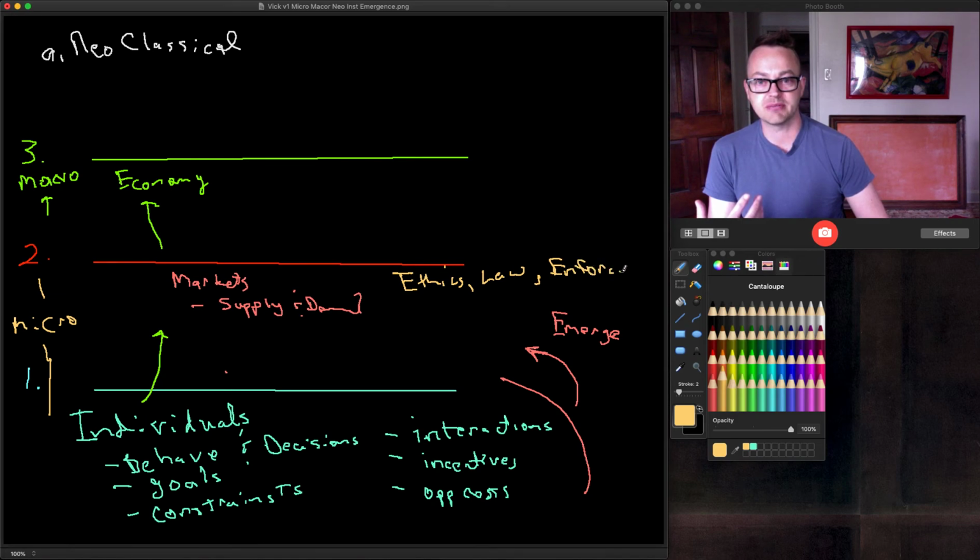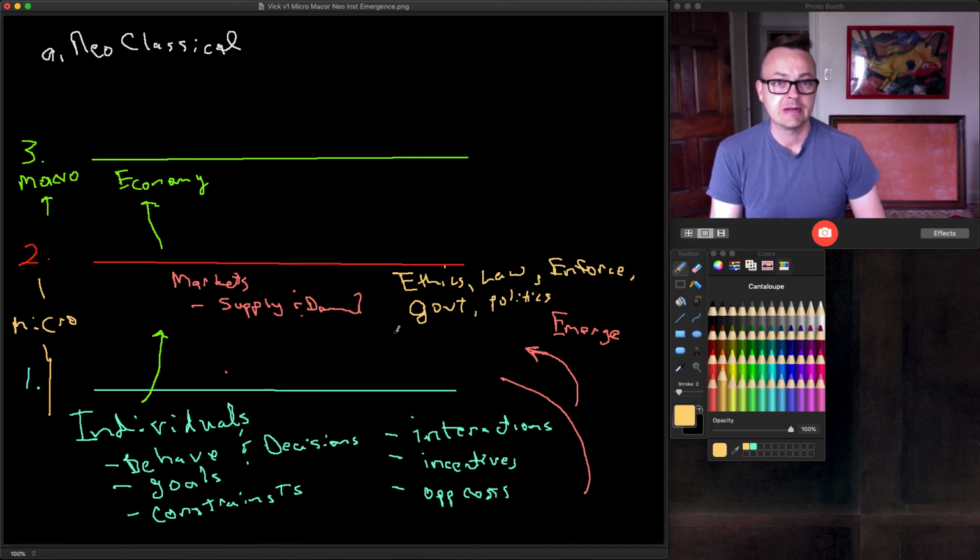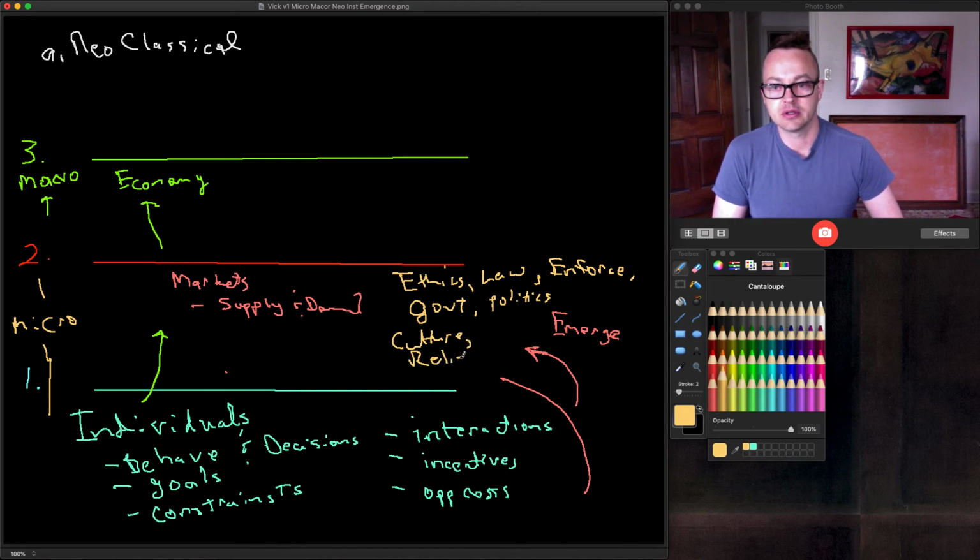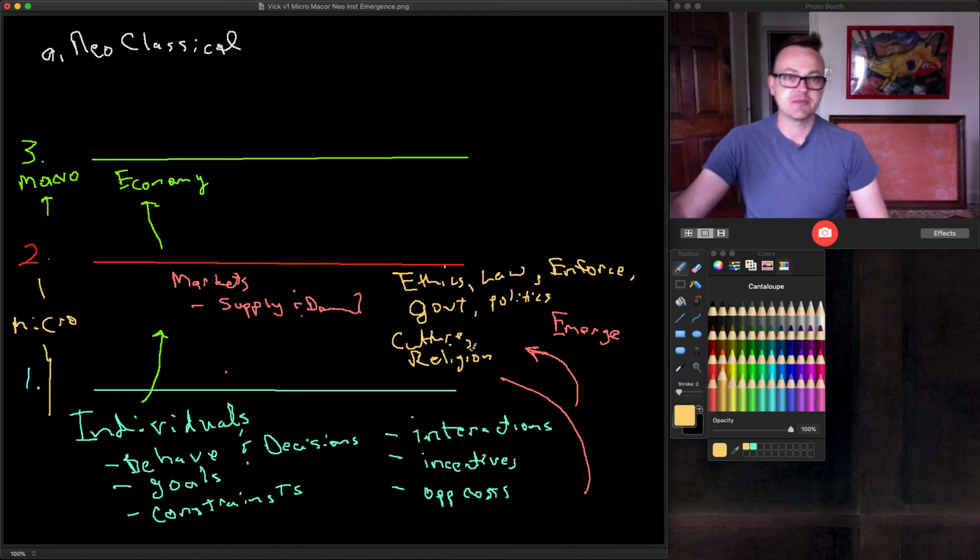Rules of enforcement and policing and protection of property arise. Overall government, politics. More broadly, things like culture. Culture is made up of people interacting in a similar way that the market emerges. Culture. Religion. So individuals working together or against each other lead to not just markets, but overall institutions.